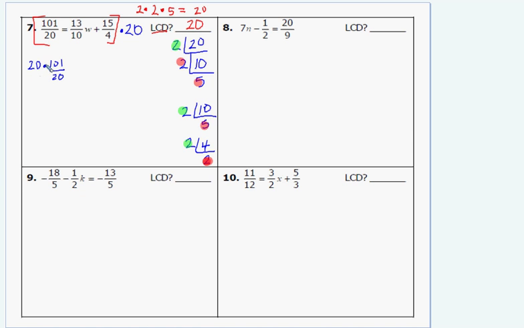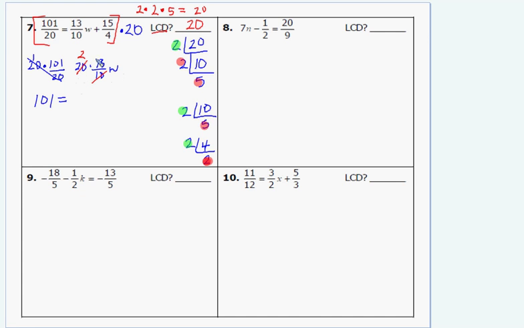So we're taking 20 times 101 over 20, and here the 20s end up canceling. That leaves a 1, and 1 times 101 is just 101. And this is going to be equal to, and we're going to do the next step of showing 20 times 13 over 10W. And again, 10 is going to cancel into 20, and it's going to leave a 2 behind.